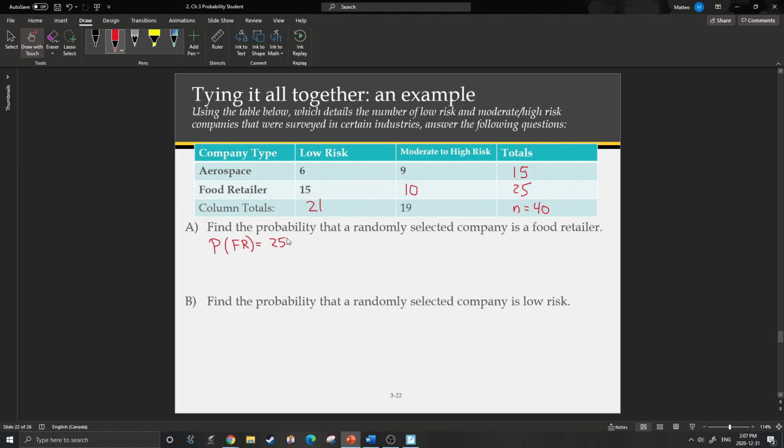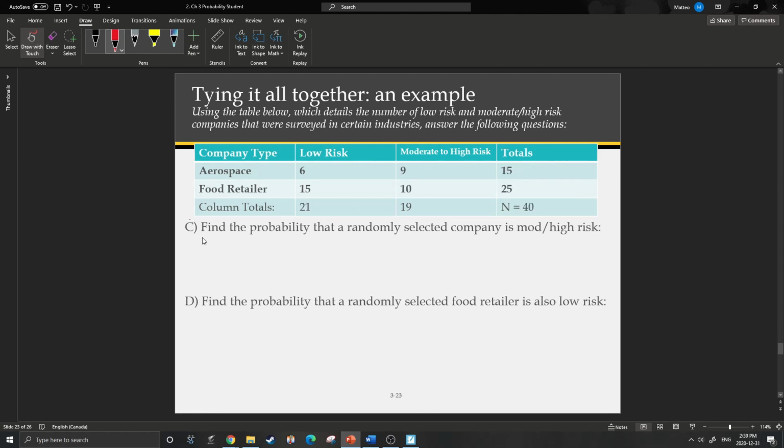So this is about as easy as it gets. Now you can leave your answer like that, and I am going to. Find the probability that a randomly selected company is low risk. So we're just looking for the probability of low risk. Well, how many companies in total were low risk? There's 21, right? So 21 favorable outcomes out of the total 40.